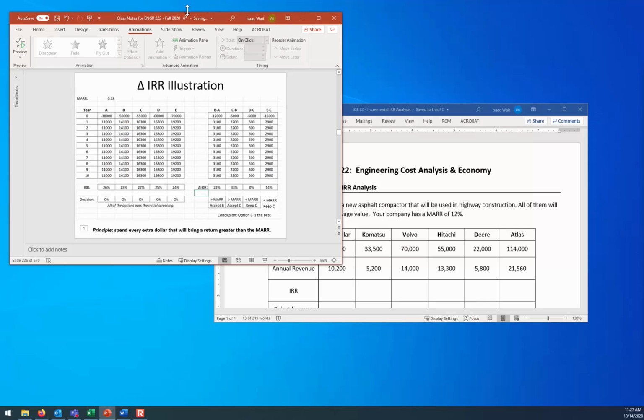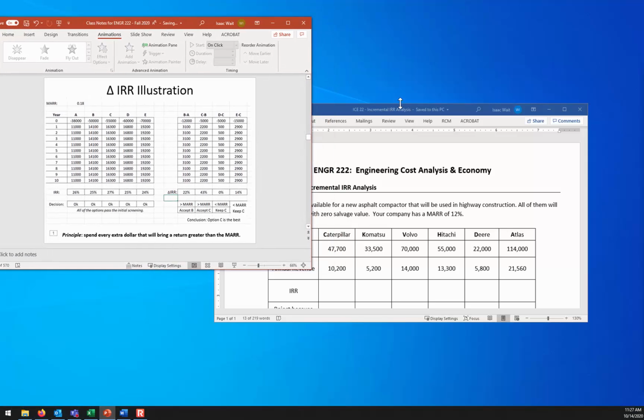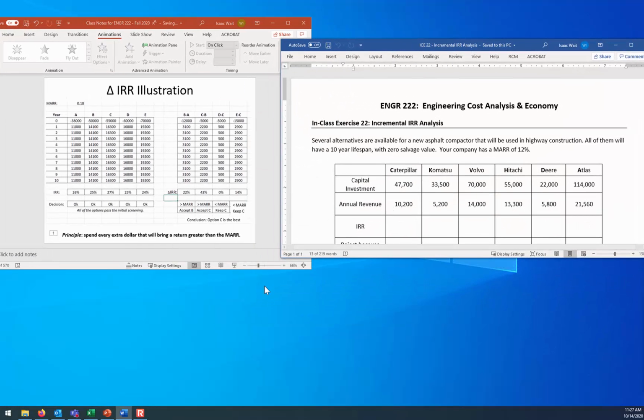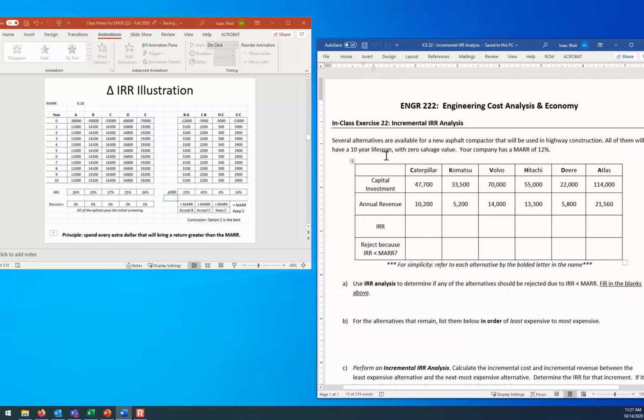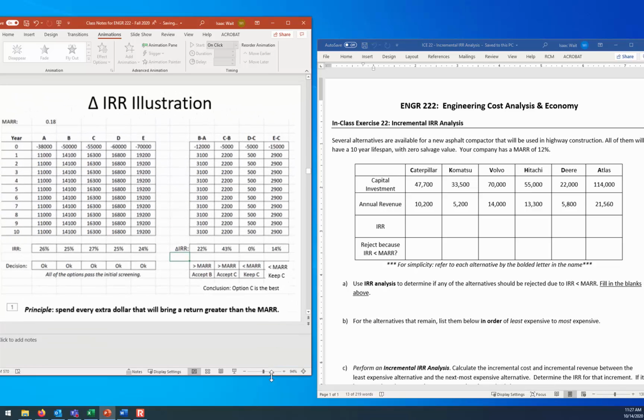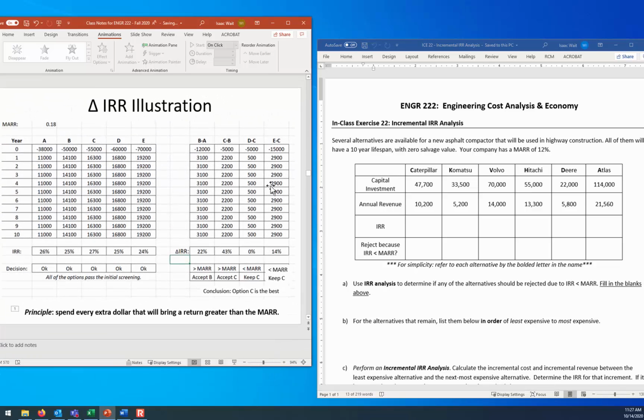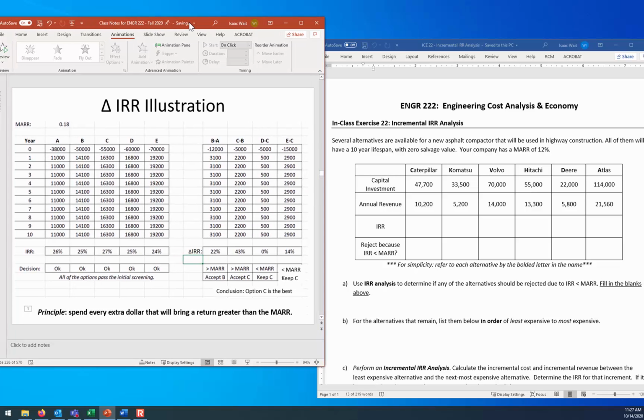Okay. So we're going to repeat this same illustration with the actual numbers on the in-class exercise, and I'd like you to determine which alternative should be selected by doing this incremental analysis.